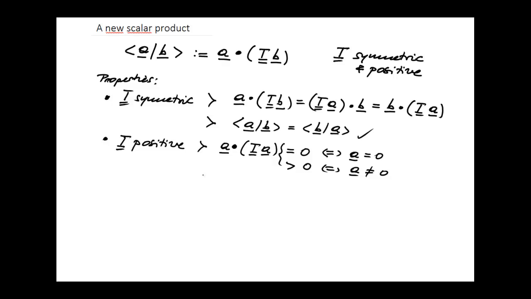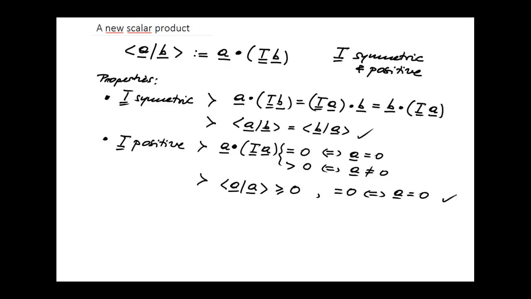The implication is that the new scalar product of any vector with itself is always larger or equal to 0, and it is equal to 0 if and only if the vector itself is 0. And again, you recognize this is one of the fundamental properties of a scalar product.